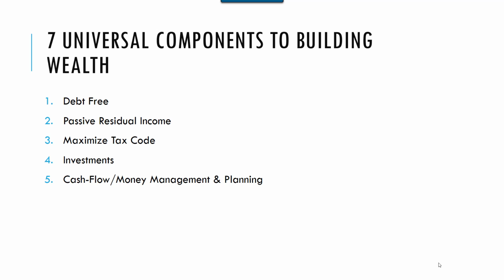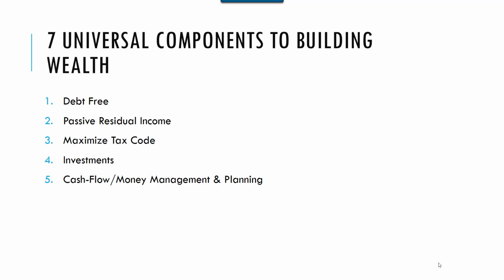The fifth component is to really have a good mastery of cash flow as well as money management or planning. It doesn't take a lot of money to be wealthy. It just takes the right money at the right time and allocating to the right purposes. Being able to manage your money, having a plan for your money, is very important as you establish wealth.